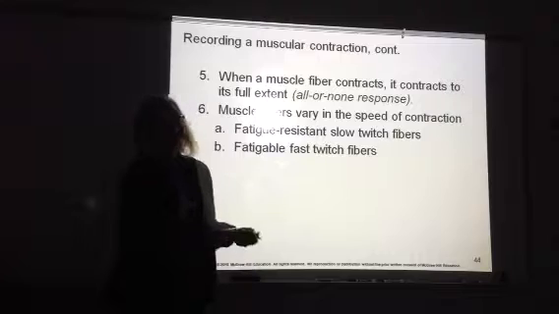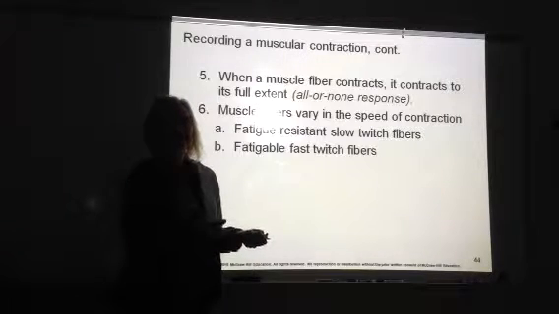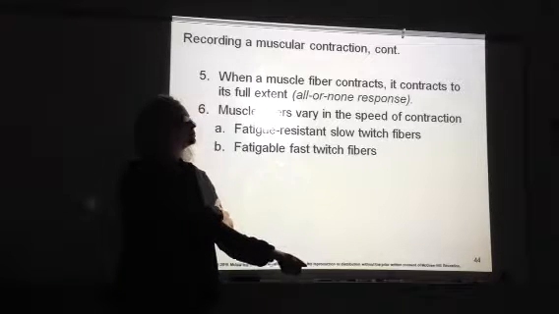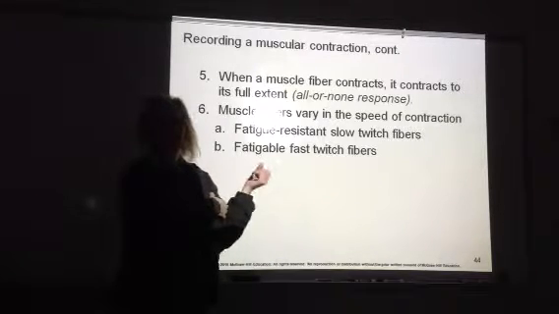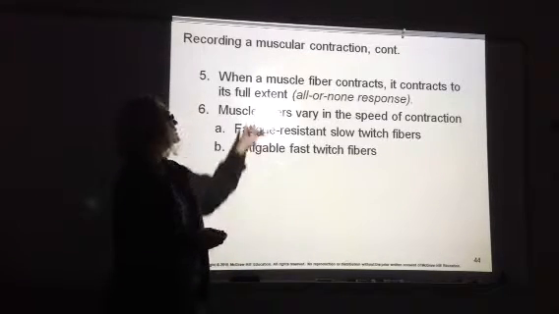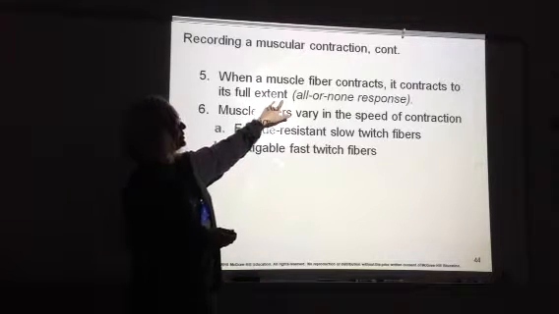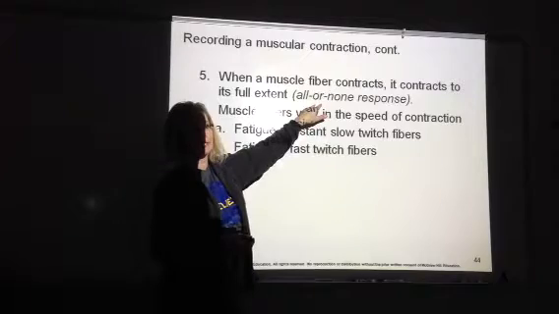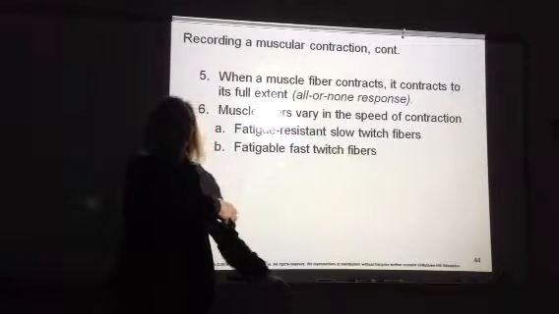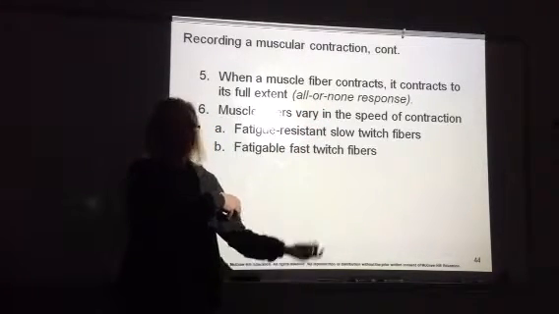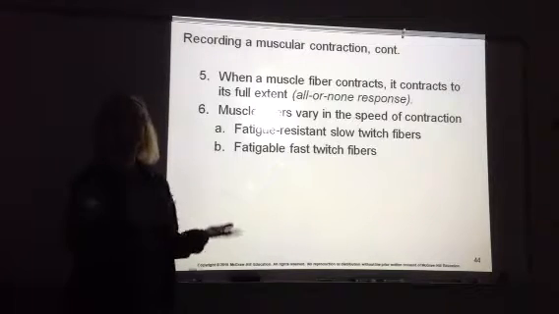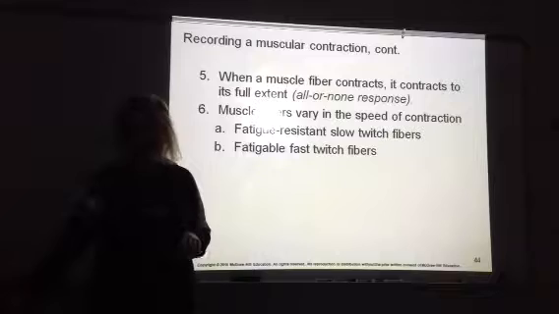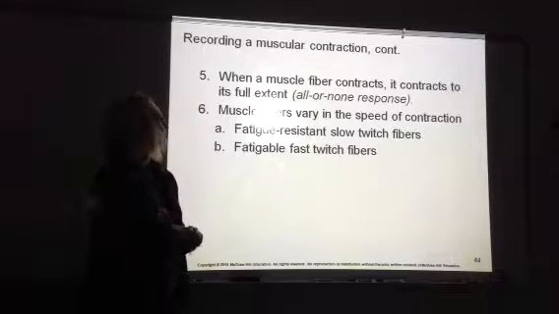If I go to lift a table or something very heavy, I'm going to use many, many fibers, and they will all be fully contracted. Each fiber is either fully contracted or it's relaxed. A muscle fiber doesn't partially contract. Your movements depend on how many fibers are contracting at one point in time.